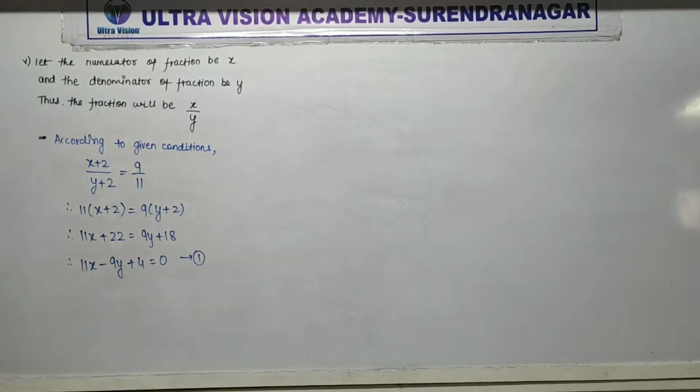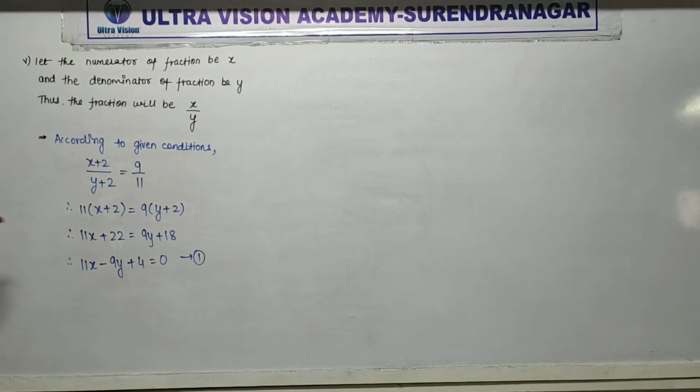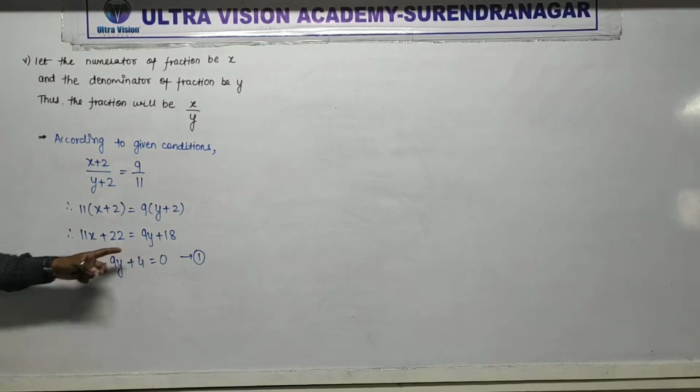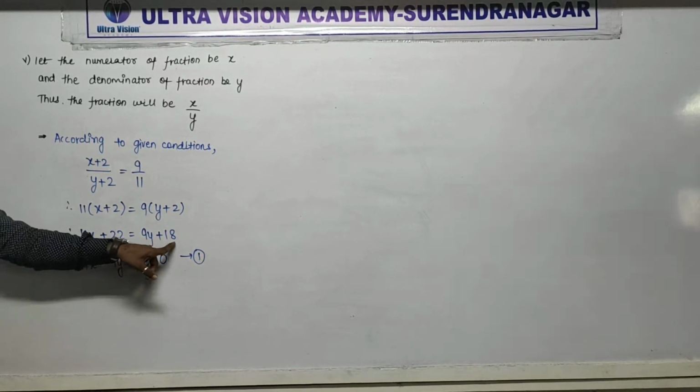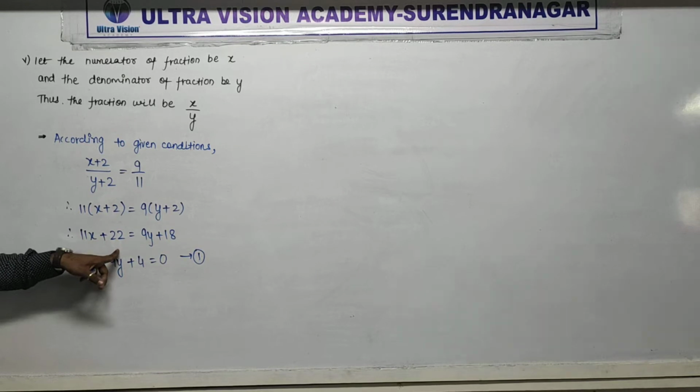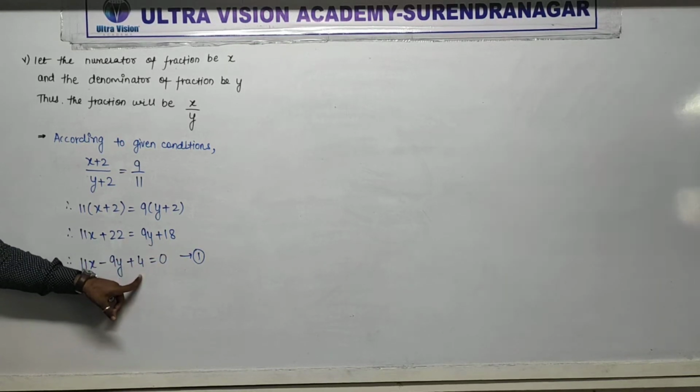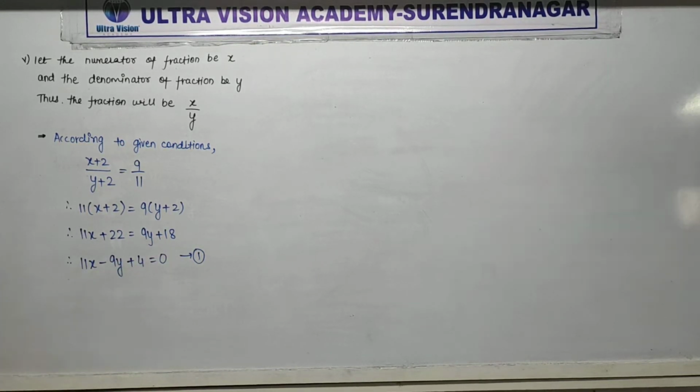This is the first equation. Check it. 11x minus 9y plus 22 minus 18. 22 minus 18 becomes 4, which is equal to 0. Ready? So this is the first equation.